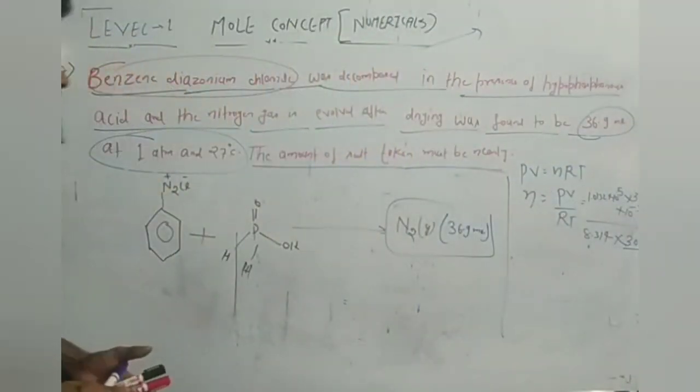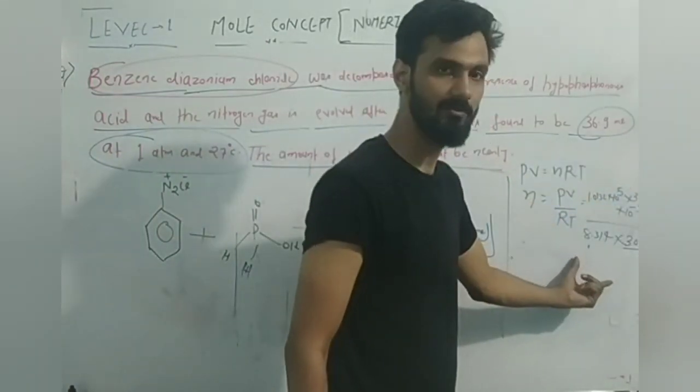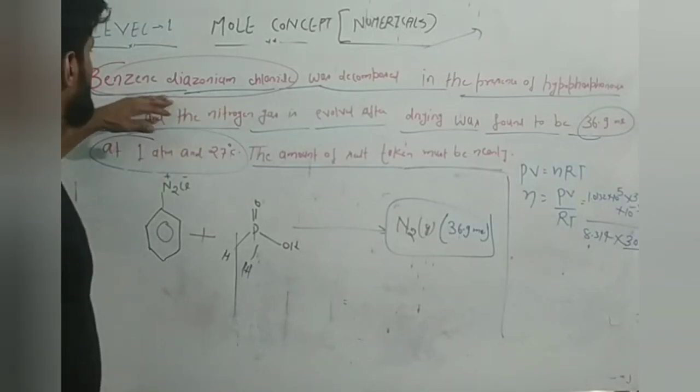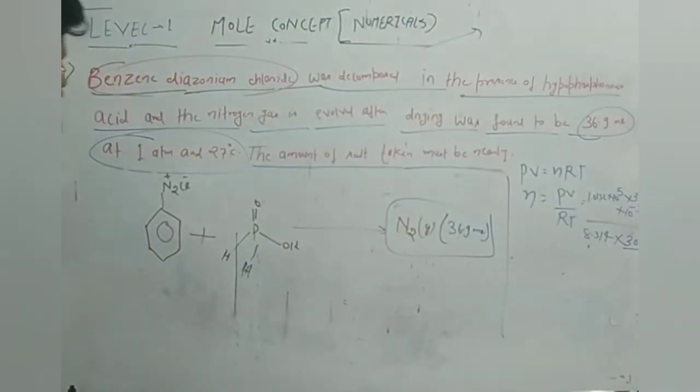Now after that, you have calculated the number of moles. Now understand, the question is asking how much amount of diazonium salt will be required.